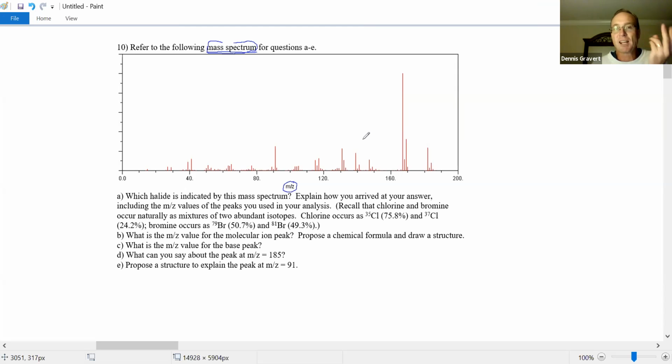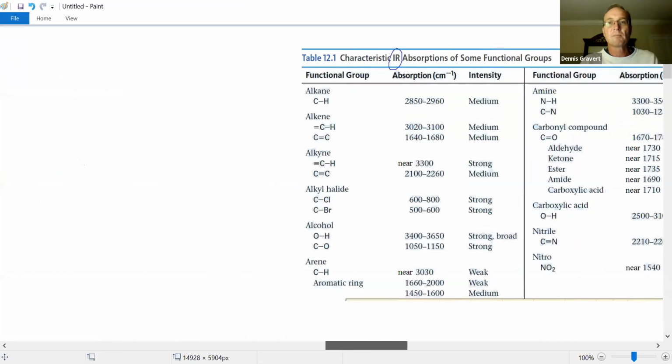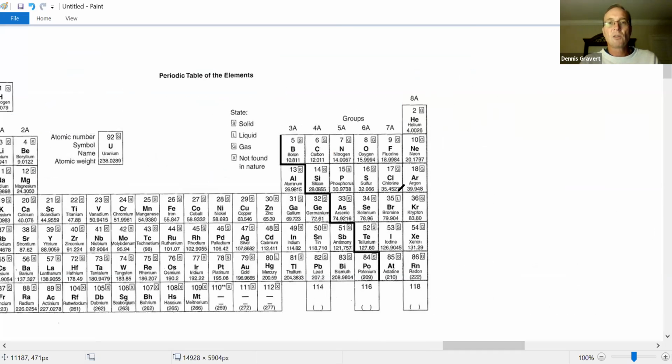The other 2 elements were halides, bromine and chlorine. It's nice they tell us this, but this may not always be given to you. Chlorine exists as 2 isotopes, so you should know that. You don't necessarily have to know the mass value. You can figure it out from the periodic table. Chlorine has mass 35.4527, so round that off to the nearest whole number, it's 35. So the most common isotope of chlorine is 35.